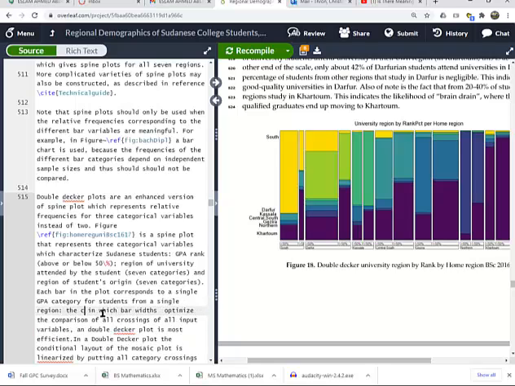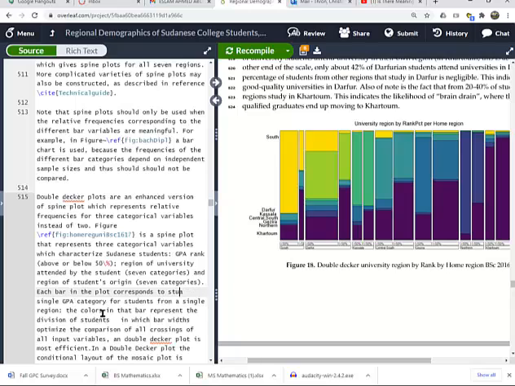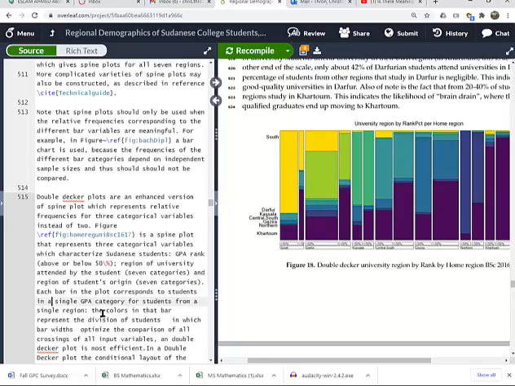And then we can say the colors in that bar represent the division of students in a single GPA category and from a single region.